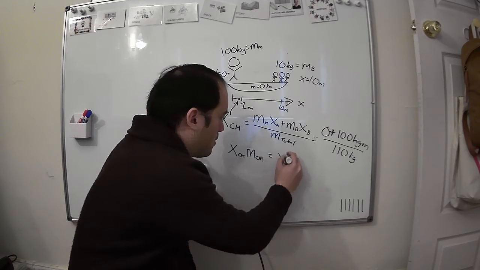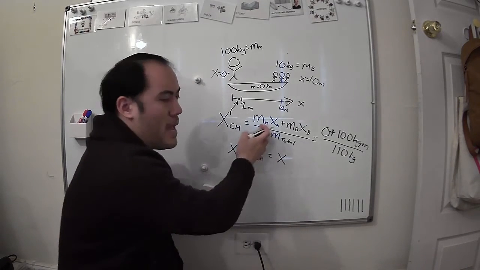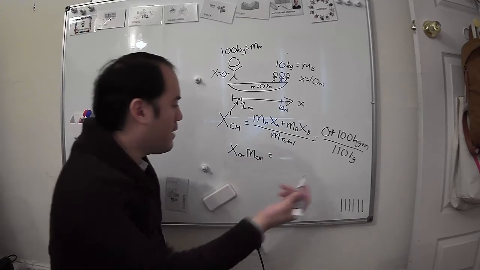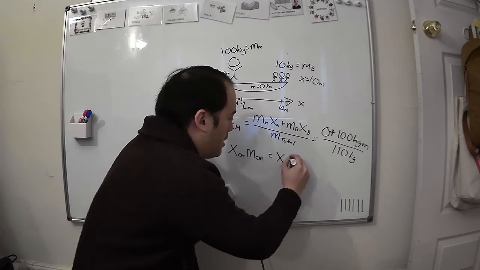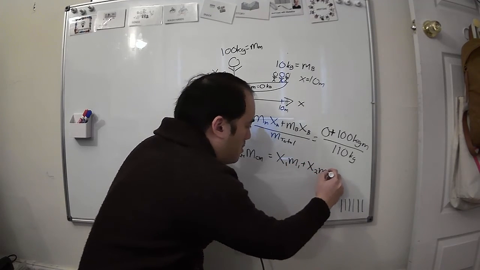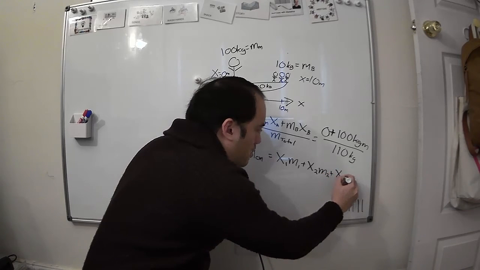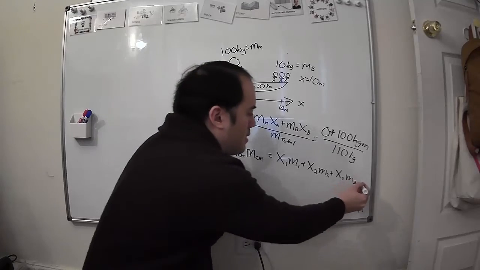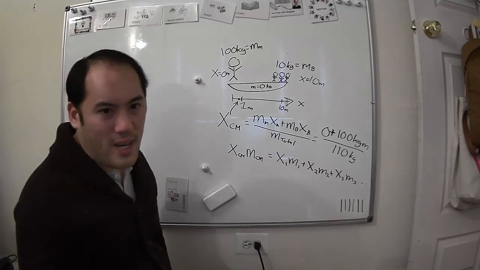And that's equal to m1 x1 plus m2 x2 plus m3 x3 plus dot dot dot. I call them m and v for man and babies, but I'll just call them 1, 2, 3, 4, 5, whatever. Okay, why?